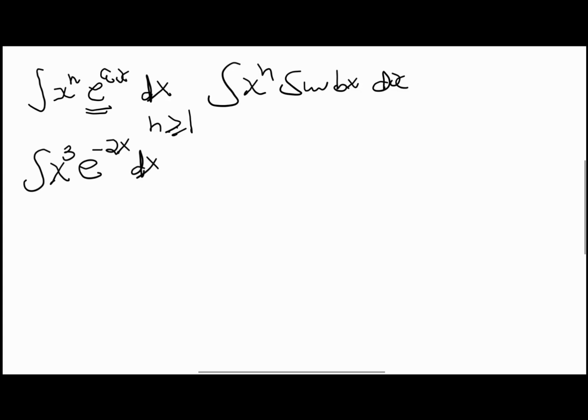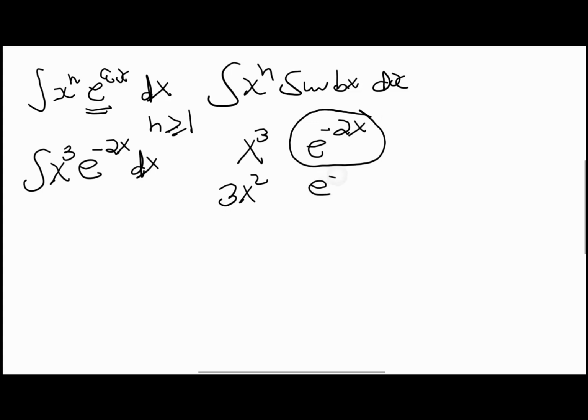Okay, so what we would do is that we shall write x to the third here, e to the negative 2x here, and then differentiate x to the 3 and integrate this. When you take the antiderivative using integration by substitution, sorry about my handwriting, that's what this becomes, right?